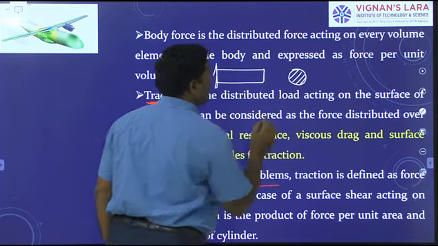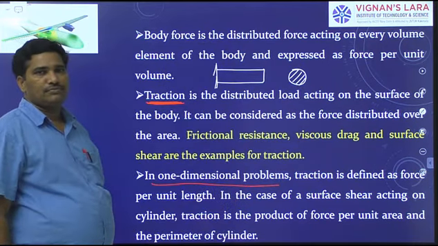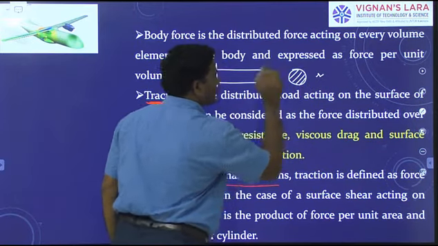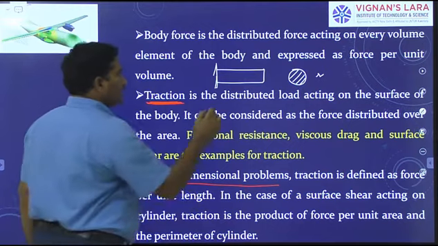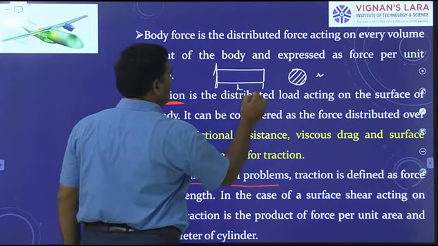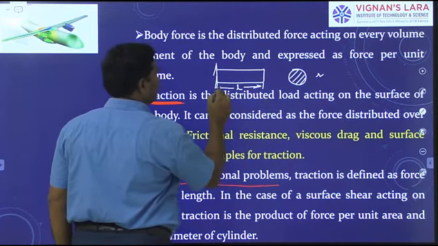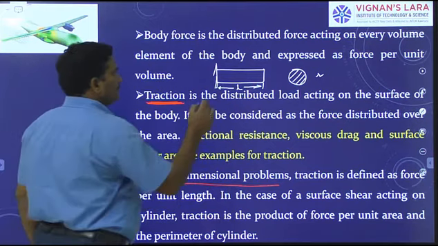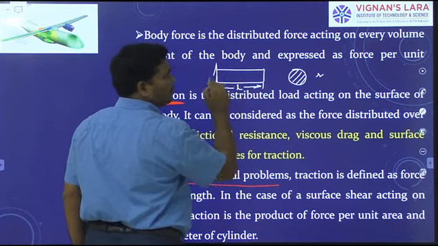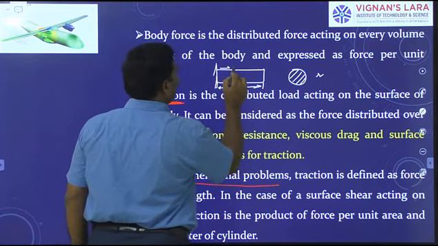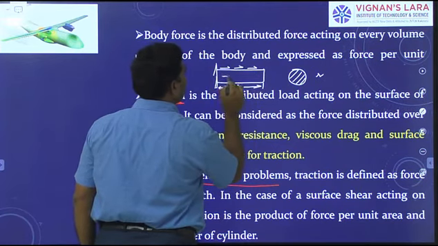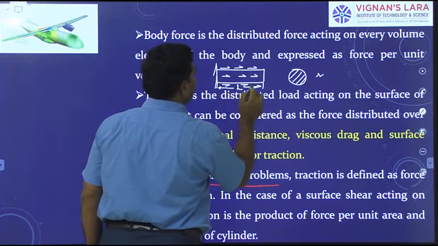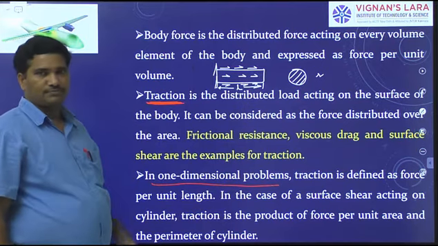Okay. Let R be the radius of this circle and L is the length of this bar. Okay. Now, on the surface of this member, I consider the traction acting like this.